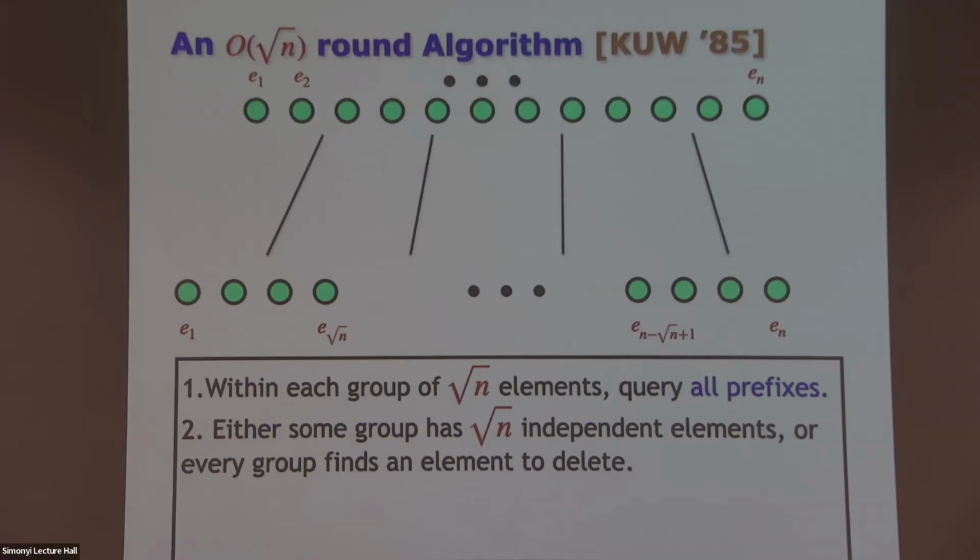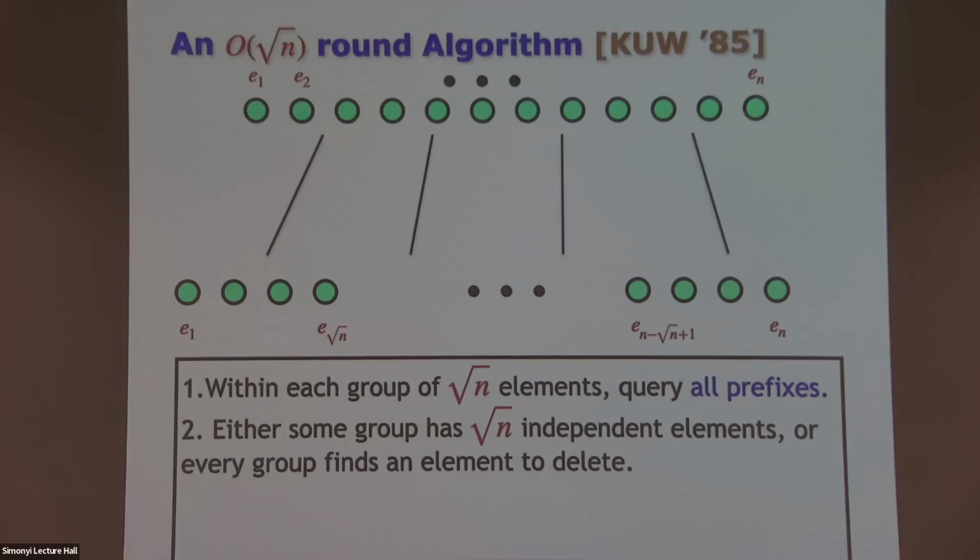So with this said, this is the entire outline of the algorithm. What are we going to do? Within each group of square root n elements, we're going to query all prefixes. If some group finds square root n independent elements, we're going to commit to keeping those in the basis. Otherwise, every single group has found an element to delete.